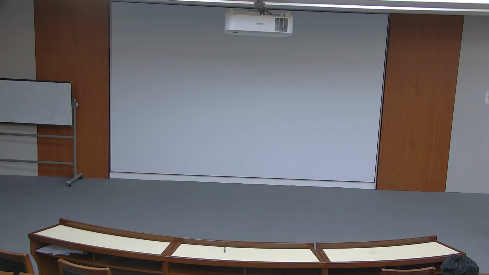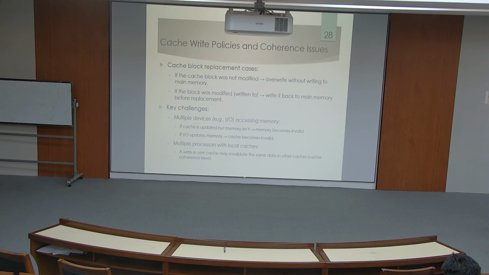Now, before continuing with cache write policy, I just have to remind you that we have the central processing unit, which incorporates the registers, and then we have the cache memory, which stands between the central processing unit and the main memory to avoid multiple accesses to the main memory, as we have seen that there is a disparity in speed between the central processing unit and the main memory.